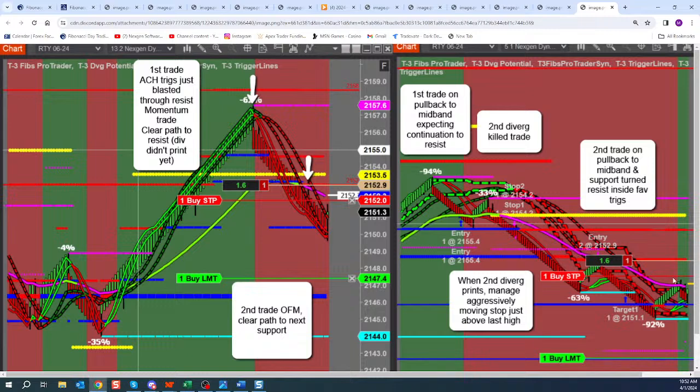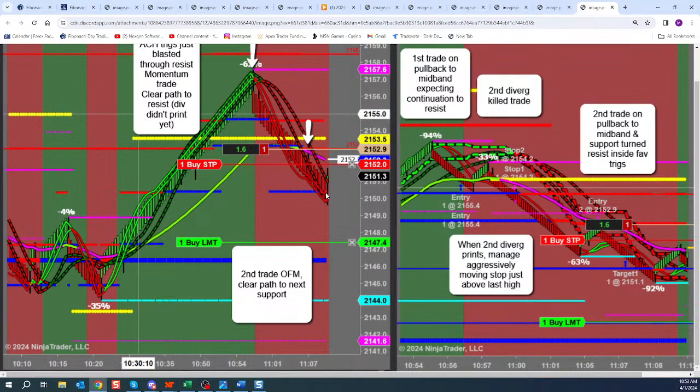And you said, I'm going to try and hold this one. And what did it do after that second divergence at the fib with weaker triggers? Did it continue up, Pedro? Yeah, I would definitely bet that it probably did.